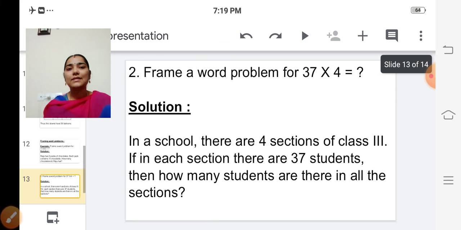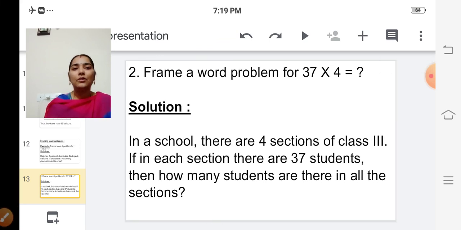So we'll see one more example. Frame a word problem for 37 into 4. So I have given you one example. See, in a school there are 4 sections of class 3.